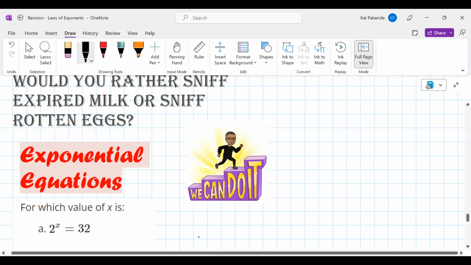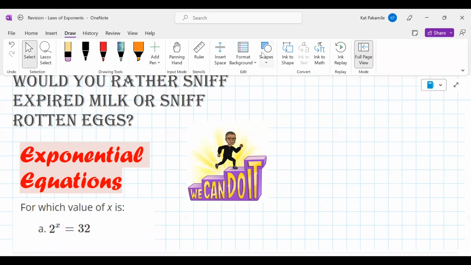Wait. Let me see. Oh, so I'm not sure if it's the correct way of how everyone else does it, but I was told that you just take 2 to the x and try all the numbers till it gets you to 32.